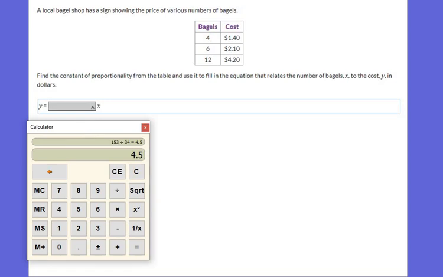Okay, so there are some things we need to remember. Constant of proportionality is y over x. And we need to remember that the first column is always your x, second column is your y.